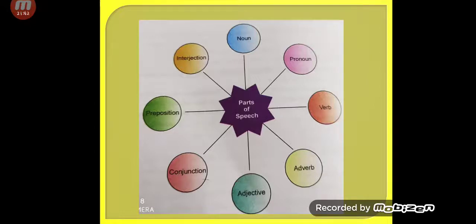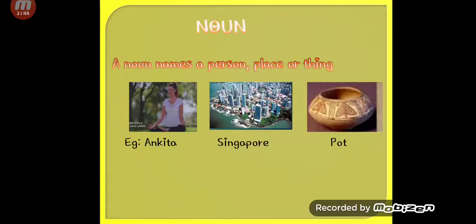A noun, name of a person or a place or a thing. For example, Ankita, a place Singapore, or a thing pot. These are nouns.